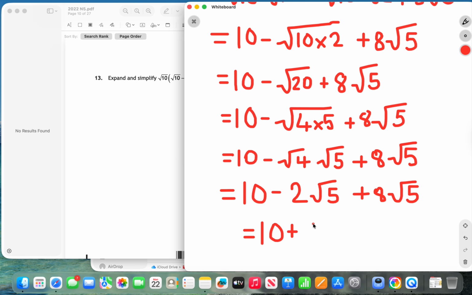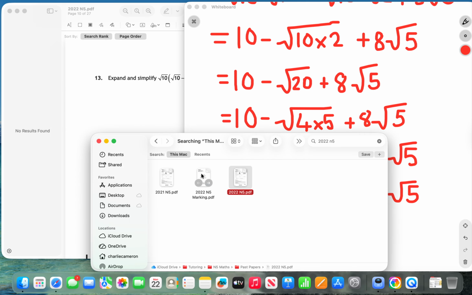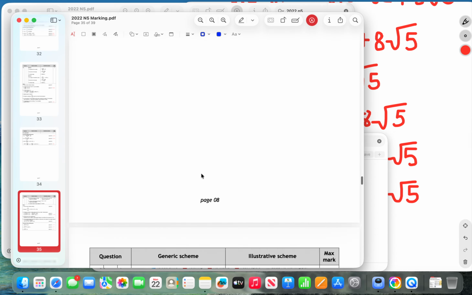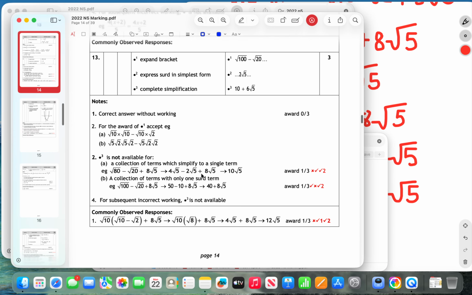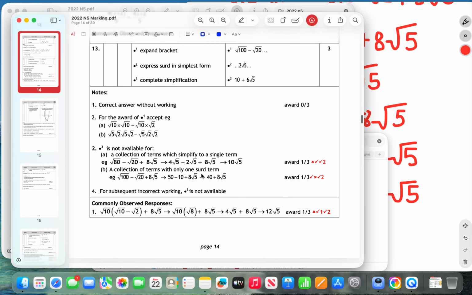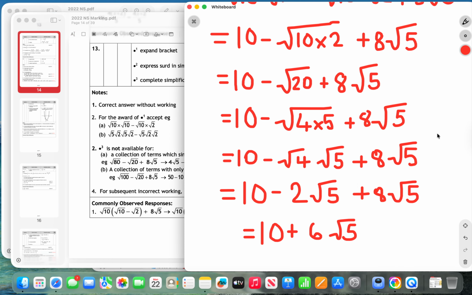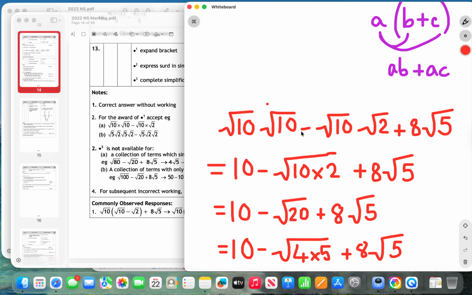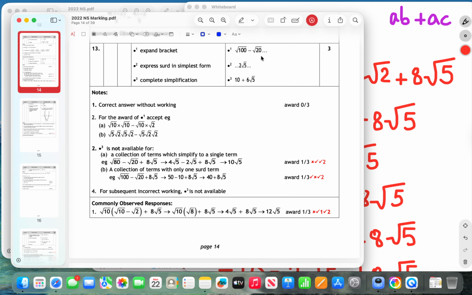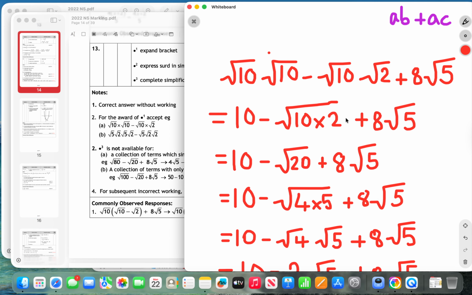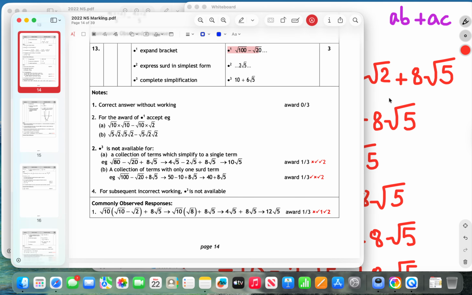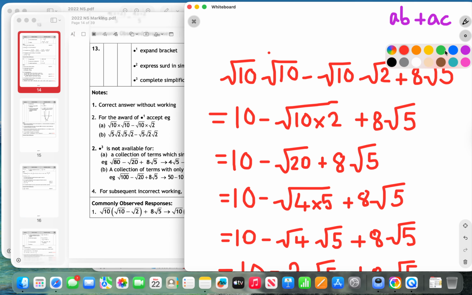Now let's have a look at how this question would have been marked. The first mark would be for expanding the bracket. So if you got root 100 minus root 20, that would be your first mark. It's kind of hard to know at which point you would get it, but I reckon about this point would be the first.